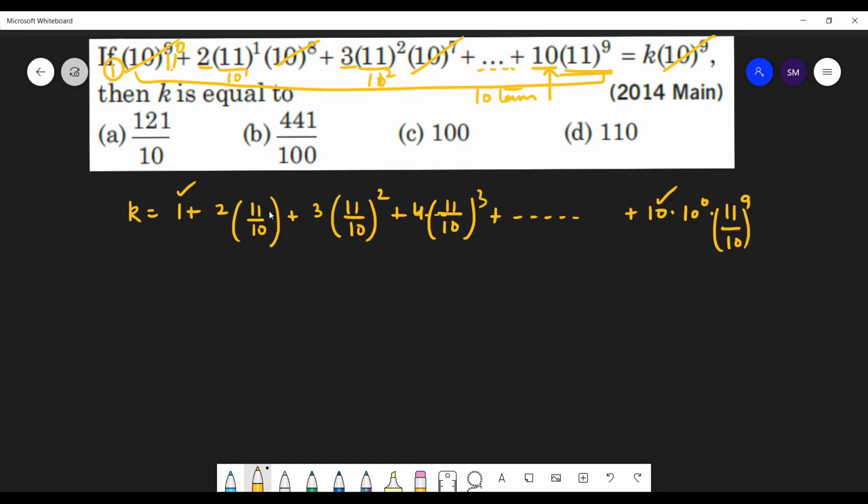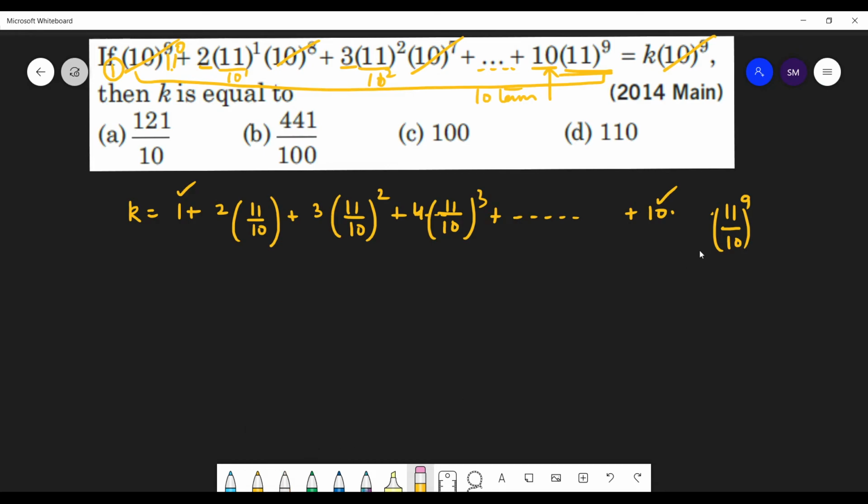Second thing is, 11 upon 10. How much power is it? 1 lesser than this coefficient. So if it is 3, it is 2. If it is 4, it is 3. If it is 10, it is this. Yes or no?